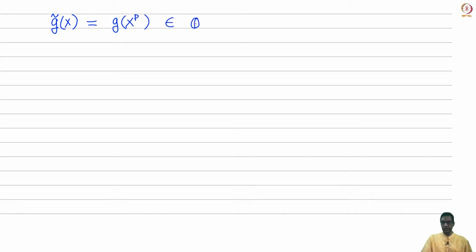This is again some polynomial, in fact a polynomial with coefficients in Z. Observe f1 and f2 have coefficients in Z, so of course does g tilde. If I define g tilde in this manner, then observe that g tilde evaluated at beta, which is just g evaluated at beta to the power p, is 0.